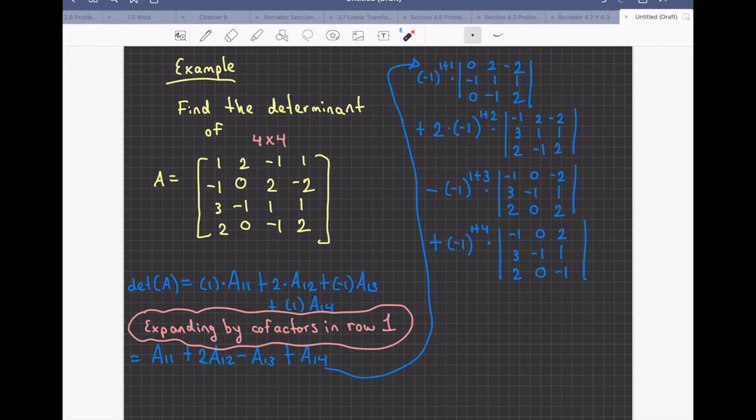So 4 times 3 would be 12 determinants with size 2 by 2 for a matrix with size 4 by 4. Imagine if this were size 5 by 5, it will be 5 times 12, which is 60, and so on. So try to get a formula to know how many determinants with size 2 by 2 we would have to compute at most for a matrix with size n by n.